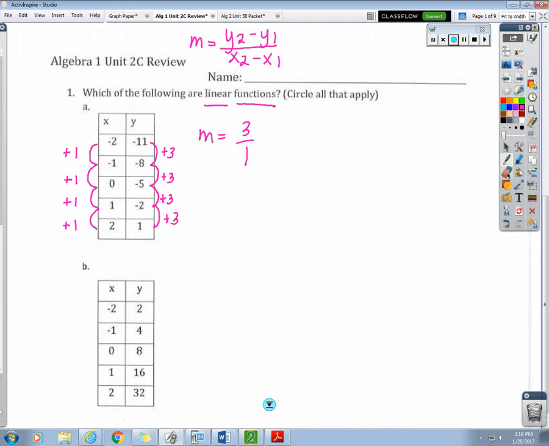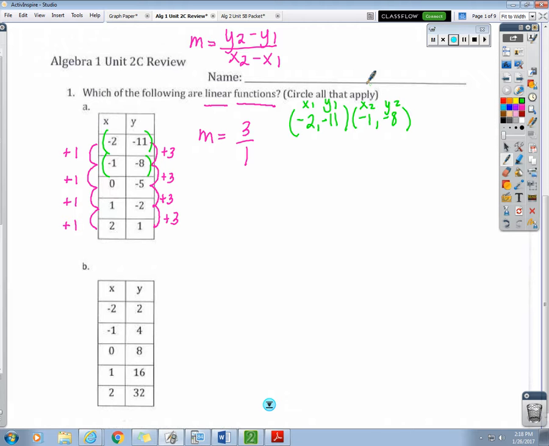Now, say that you didn't want to do it that way. You could pick these 2 points and these 2 points, and you could calculate the slope. Okay, so if you have -2, -11, and you have -1, -8, and you calculate the slope, that would be x1, y1, x2, y2.